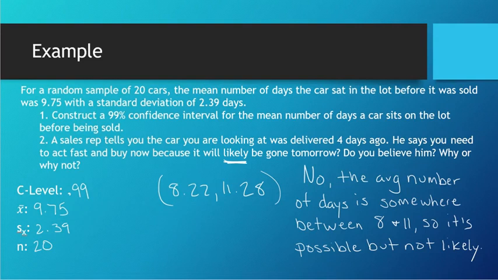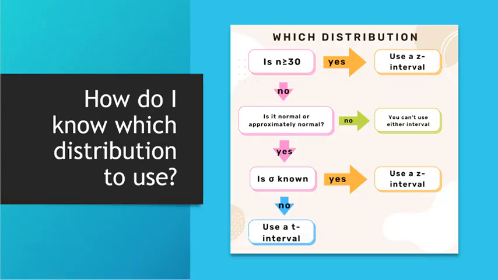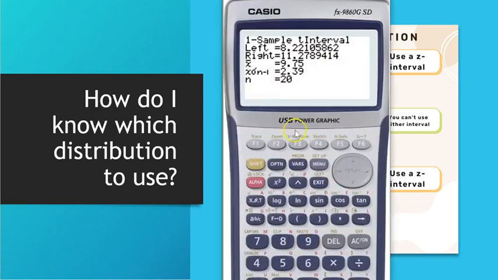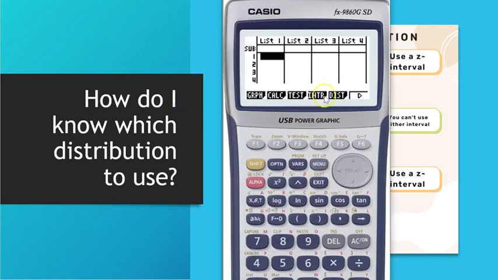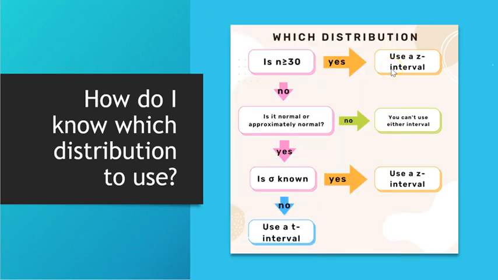Now that we have these two different methods, Z and T distributions, how do you know which one to use? Here's a flow chart that you have to ask yourself. The first thing is the sample size. If our sample size is greater than or equal to 30, then we can use a Z interval. So on your calculator, when you get here and press interval, we're using Z or T. If it's greater than or equal to 30, we can use Z. If not, we keep going through the questions.